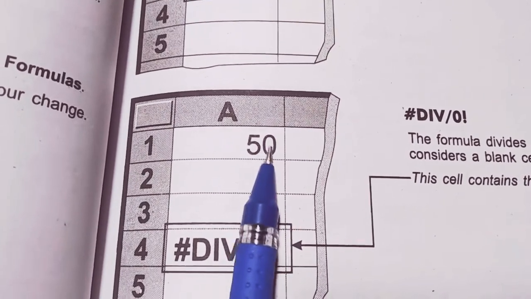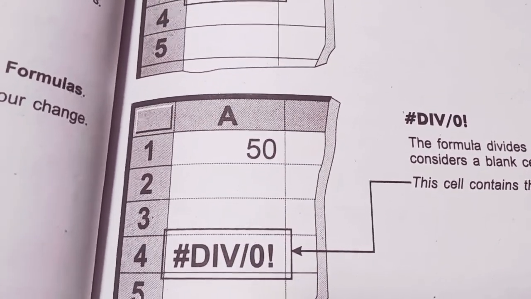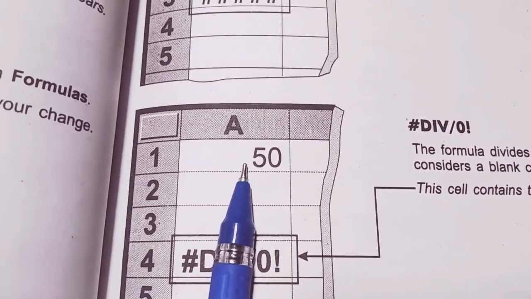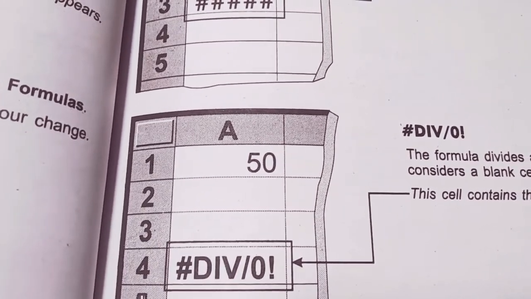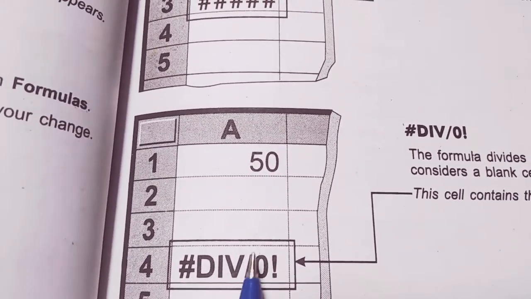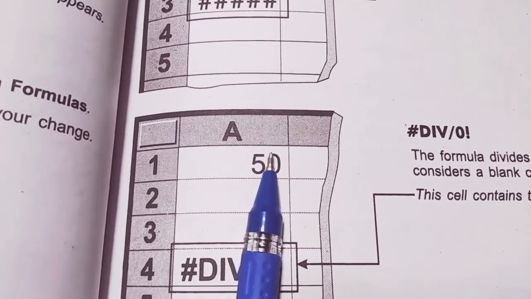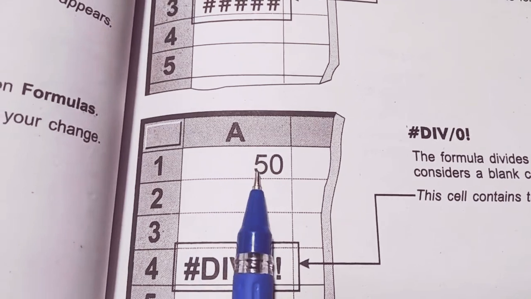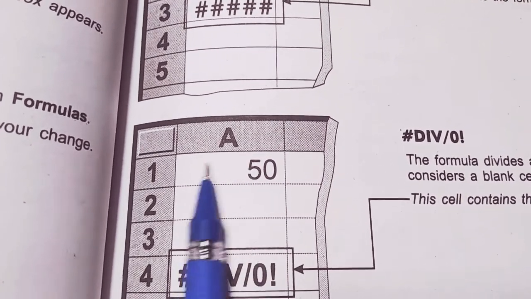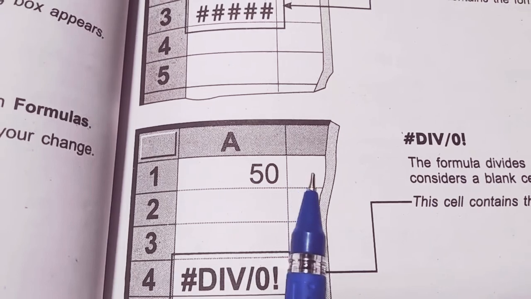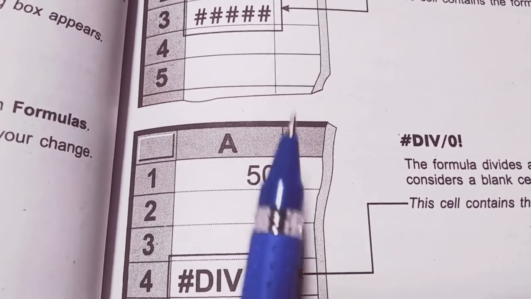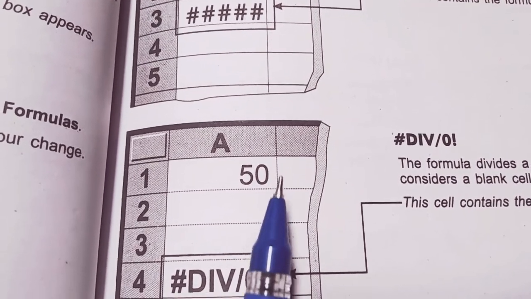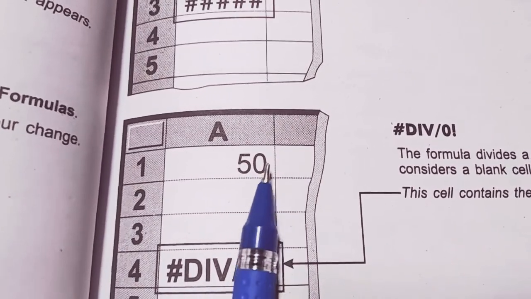When we divide 50 by 0, because there is no value here, these types of errors will be generated. So every time we should remember that we cannot divide any number by 0. We must ensure that we are assigning the value.